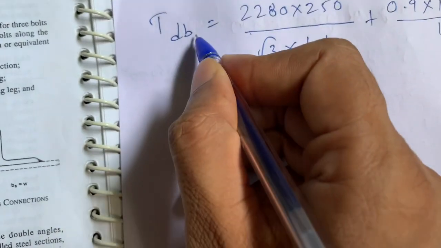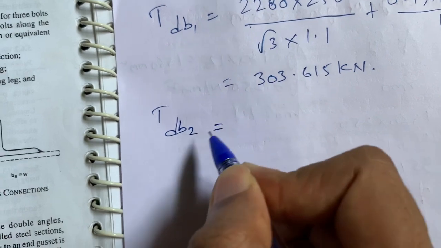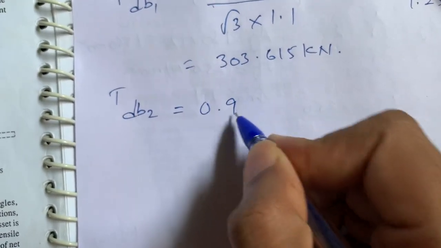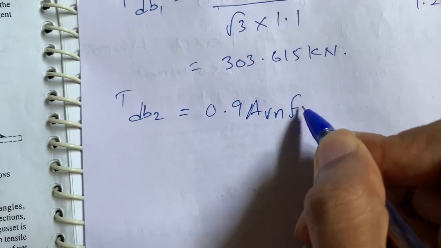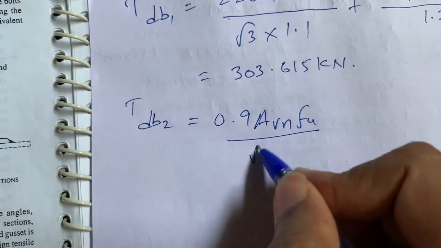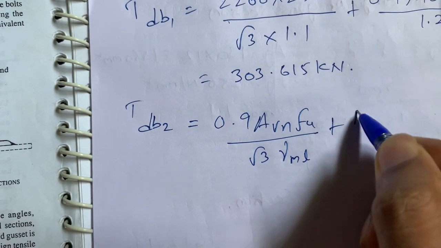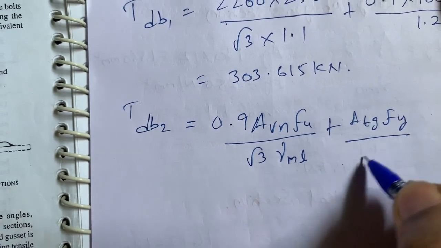Okay, next the second equation. I am considering this as TDB1 and this one as TDB2. In TDB2 we need to calculate, and I am writing the same equation which is available in the code book: 0.9 into AVN Fu by root 3 gamma m1, plus ATG Fy by gamma m0.